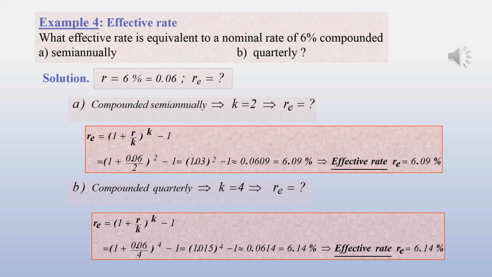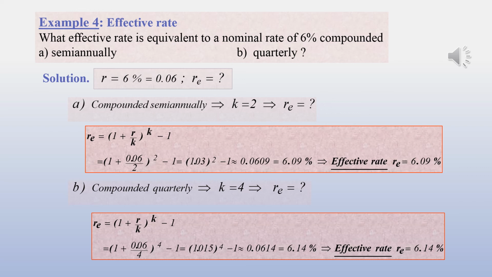Number B. Compounded quarterly, k equal to 4. So we use the same formula for RE. RE is equal to (1 plus R over k) to the degree of k, minus 1. So we substitute the value of R equal to 0.06 and k equal to 4. So RE is equal to (1 plus 0.06 over 4) to the degree of 4, minus 1.